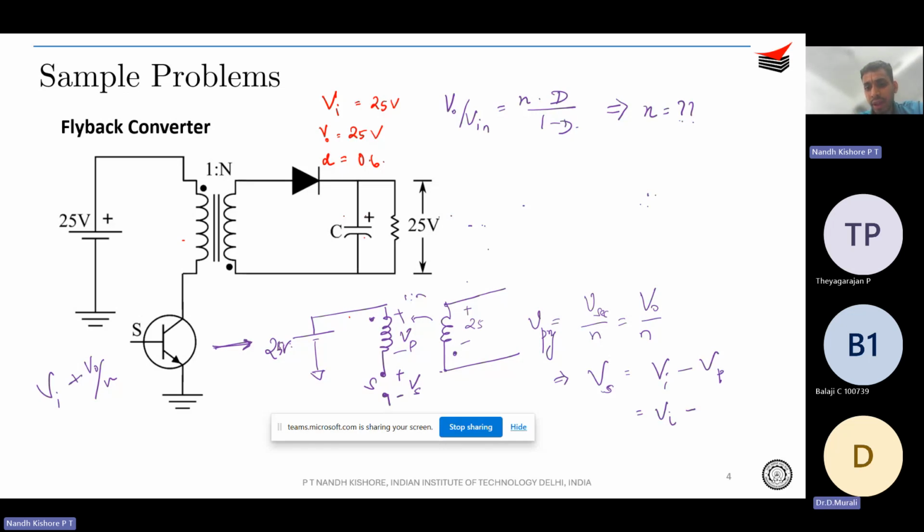Therefore, Vs is equal to Vi minus Vp, or Vi plus V naught over N, right? So this is your blocking voltage across the device. So you will find out what N is from this relation, and from the relation that the blocking voltage across the device is Vi plus V naught over N, you can get Vs. Okay, so this is the way to go about this problem.